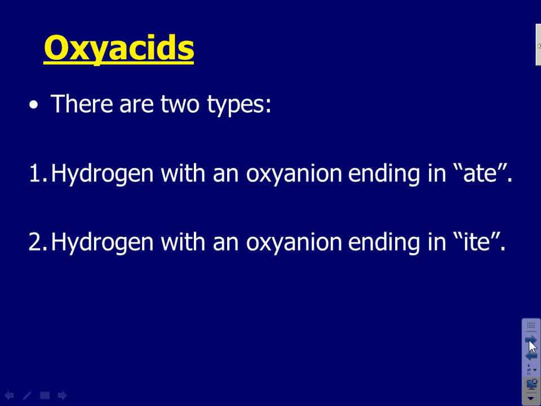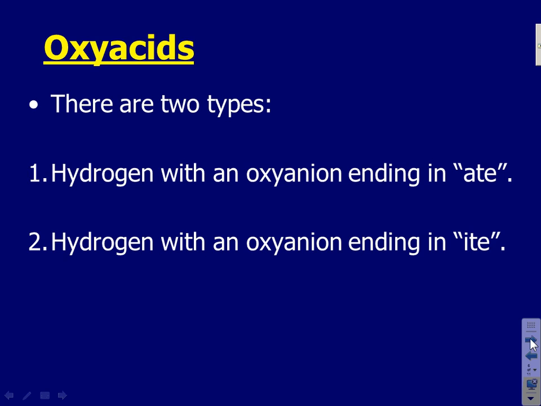And if you do a quick look up and down, right away you can see an acetate, and then you can see a hypochlorite, and then you can see a chlorite or a chlorate or a perchlorate. You'll notice how most of them end in -ate or they end in -ite. And how they end determines how we name them.